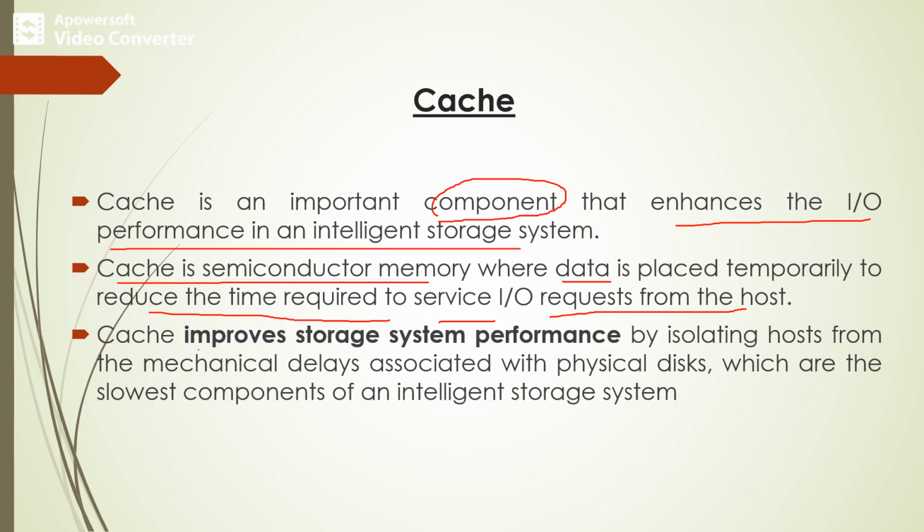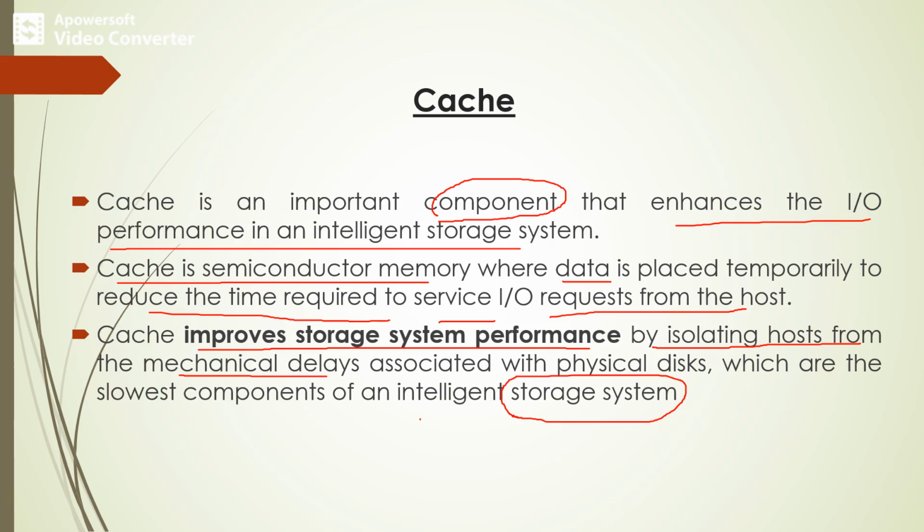Cache improves storage system performance by isolating the host from the mechanical delays. If the hosts were accessing the data directly from the storage system, there may be additional mechanical delays associated with the physical disk, which are the very slowest components in an intelligent storage system.